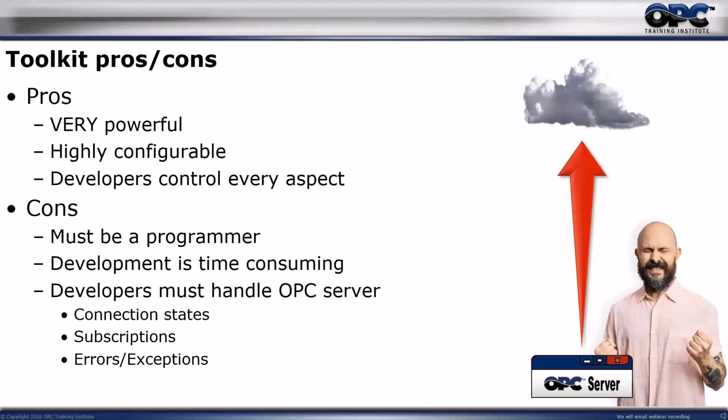Am I losing my connection? Do I have disruptions? This is exactly why applications have problems when they're in runtime mode, because somebody might be doing a write or read when there's no longer a connection. So they're stateful. You have to understand the state of the OPC server.